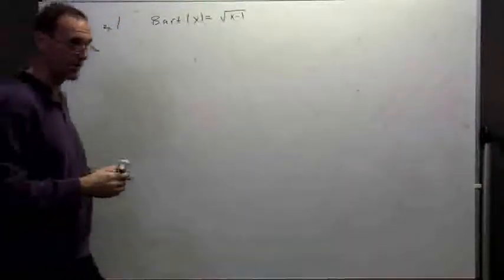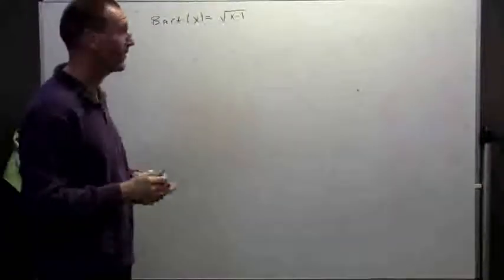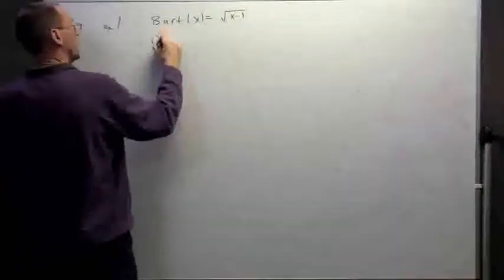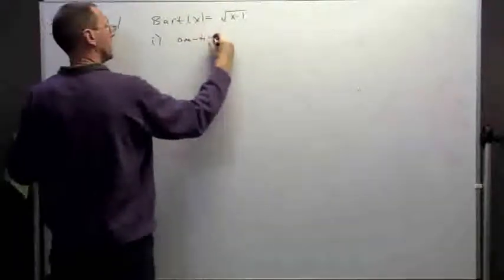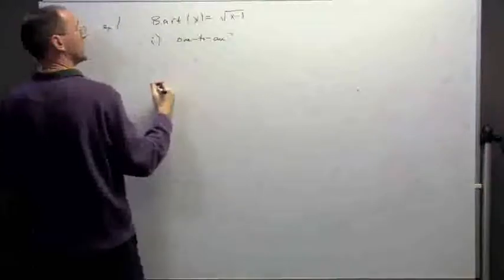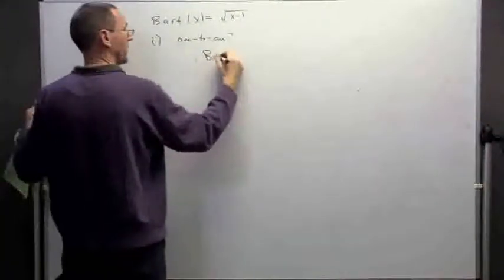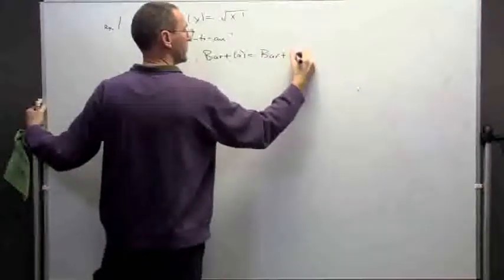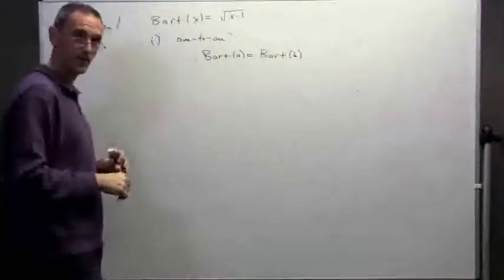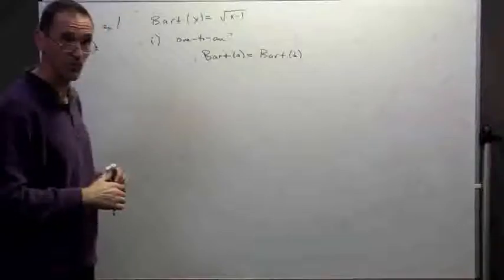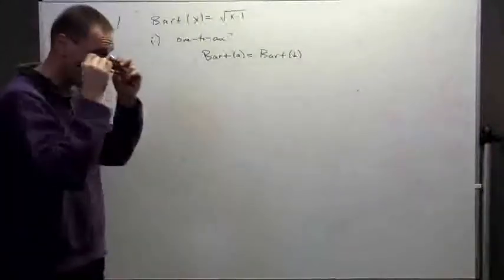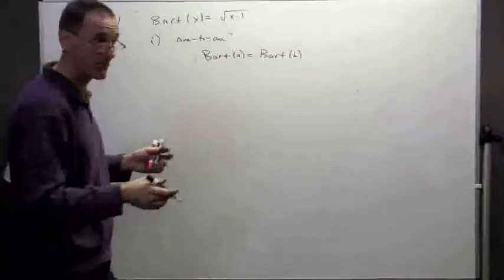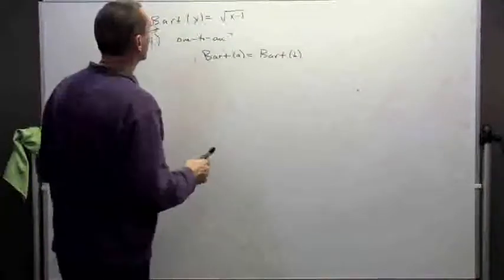I want to find the inverse of that, if it exists. So the first thing I need to do is ask, is it 1 to 1? Okay, so let's do this. I'm going to do the same thing I did before. I'm going to set those two things equal and see if that implies that A has to equal B. And again, the reason I know to use this definition of 1 to 1 is because I worked it out in advance, and I already know it's going to work.